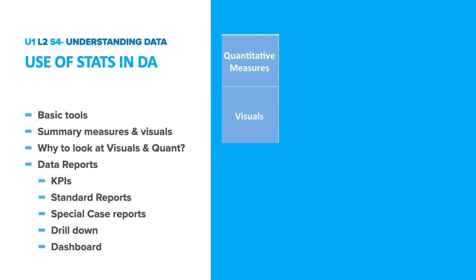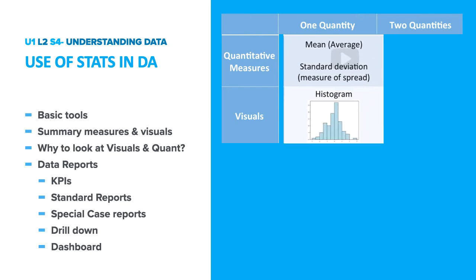So either I work on one quantity or I work on two quantities. For the scope of this lesson, I'll not go for multiple quantities, but it will be the same as two quantities. So when I talk about one quantity, what is the quant measure that we look at?